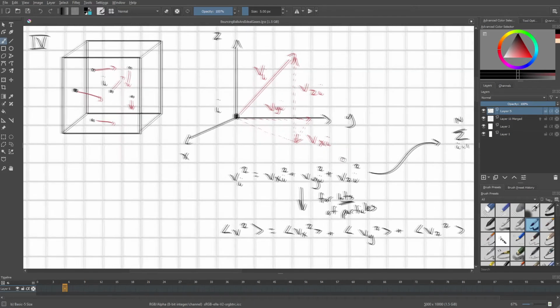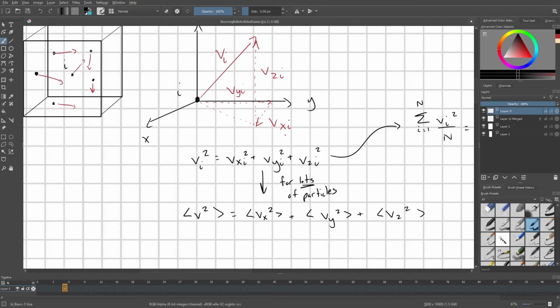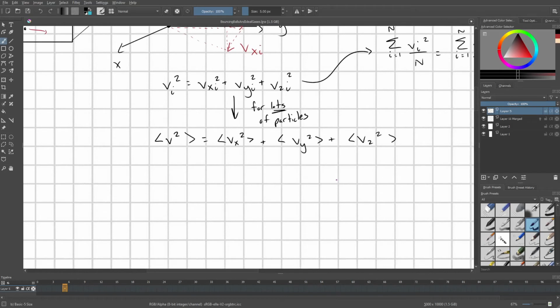But what that means is, if they're randomly distributed, when I go through and average all of these up, they're going to be equal. So I can conclude that the mean squares of each of these components, the x, y, and z components of my velocities, are all going to be equal.